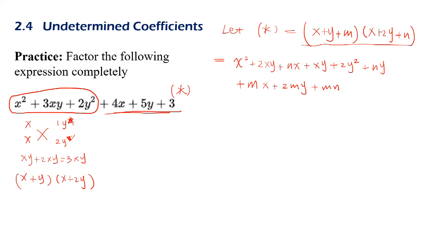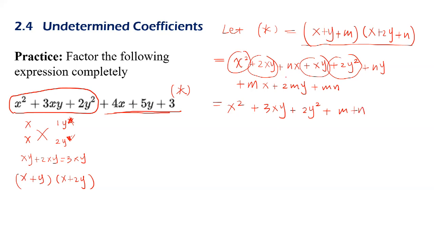Now let's combine similar terms. First, x squared, and then plus 2xy and xy, 3xy, and 2y squared. And then how many x's? m plus n x, right? So how many y's?